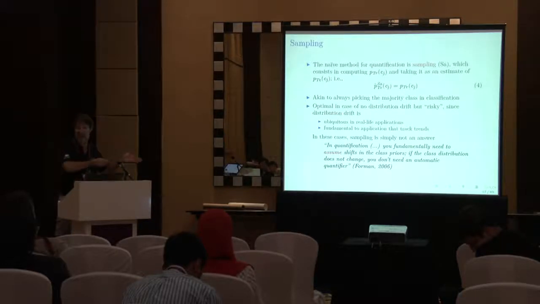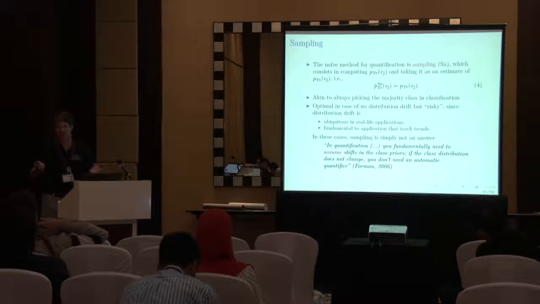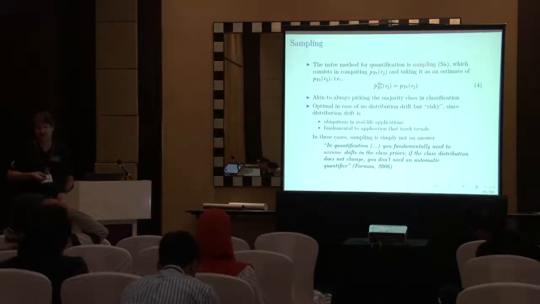In which case sampling generates disastrous results, okay? So, in a sense, a legitimately engineered quantifier is less risky than simply using sampling, okay? Because sampling can give you disastrous results, although it may give you optimal results in some very specific cases.